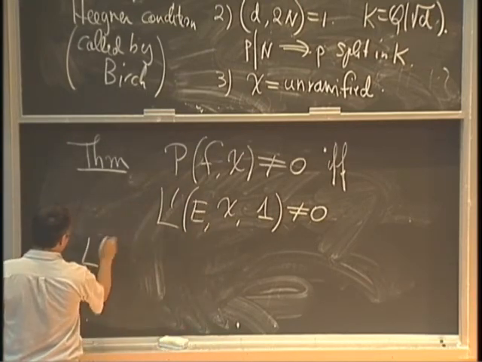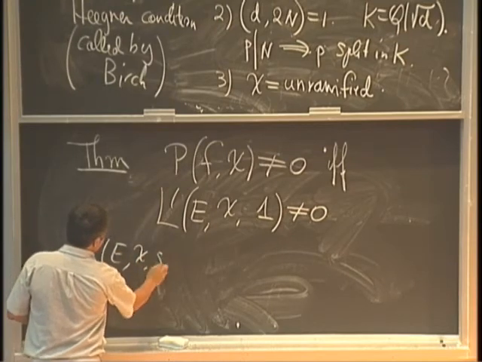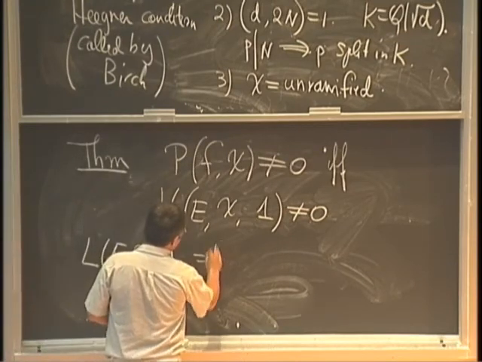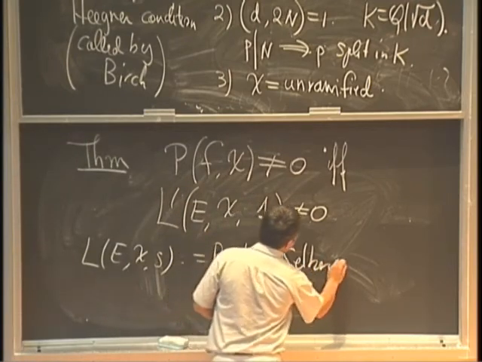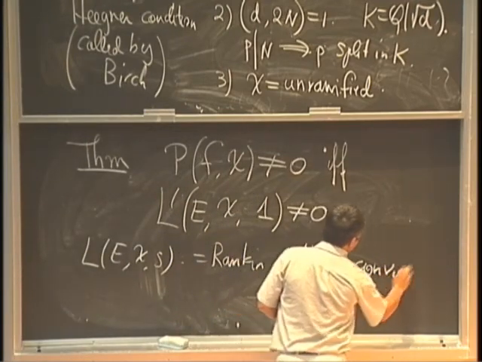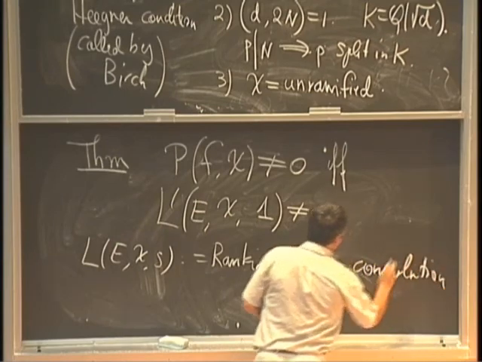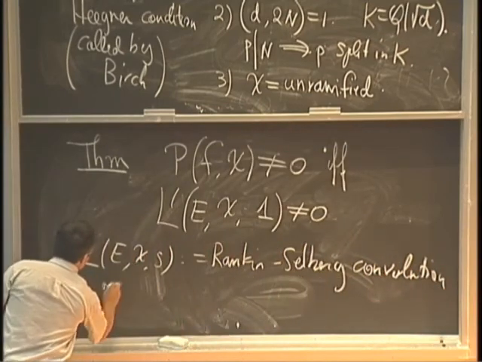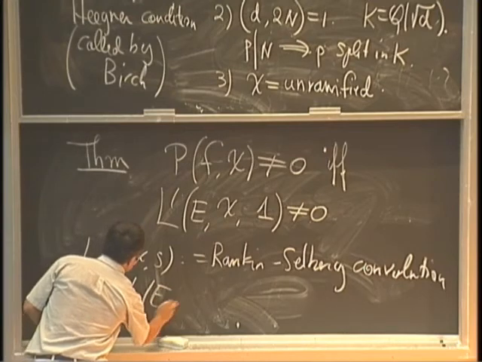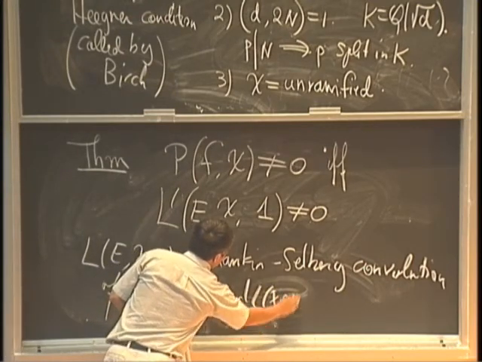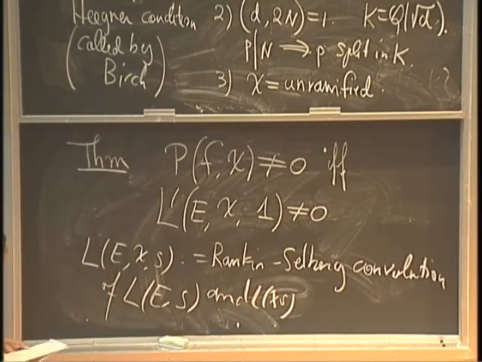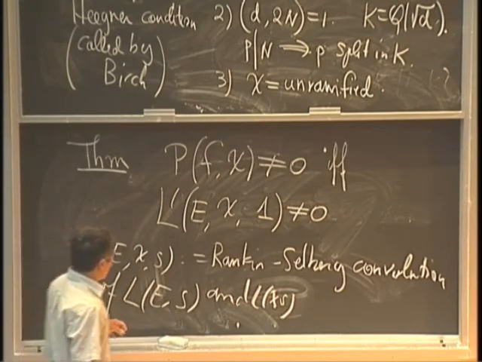So this L_E(chi, s) is a Rankin-Selberg convolution of two L-functions, L(E, s) and L(chi, s). So it's a degree 4 L-function because chi is a character.